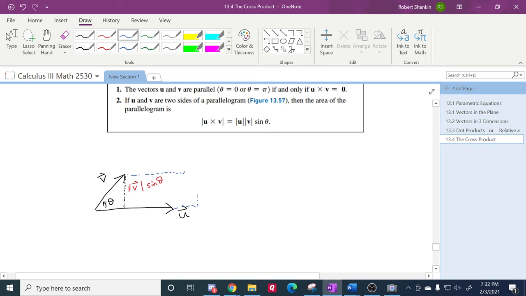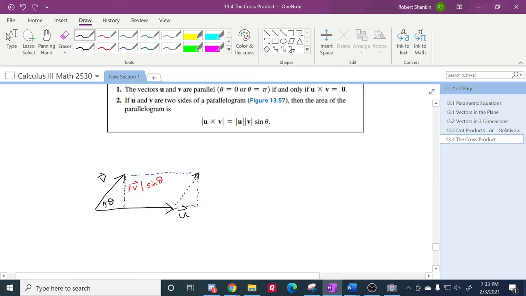I would get the area of this rectangle, multiplying this length times this length. So it's the area of this blue box that is the cross product. But the area of that blue box is exactly the same as the area of this parallelogram. You can see that by this area right here. If you cut that out, moved it over to here, you get the parallelogram.